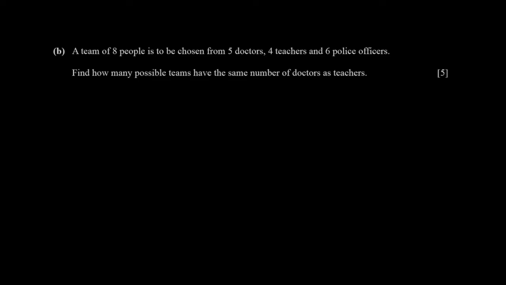The next thing is really just to lay out the information in a helpful way. We want a team of 8 people where the number of doctors and teachers is the same. So let's draw a chart. We've got doctors, teachers, and police officers. Well, we could have 0 doctors, 0 teachers, but that would require 8 police officers, and that's not possible, right? So that doesn't exist.